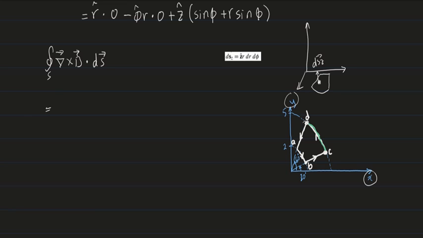So this is now the integration. Now if I remove this circle, I'm going to have a double integration. These are with respect to dr and d phi.